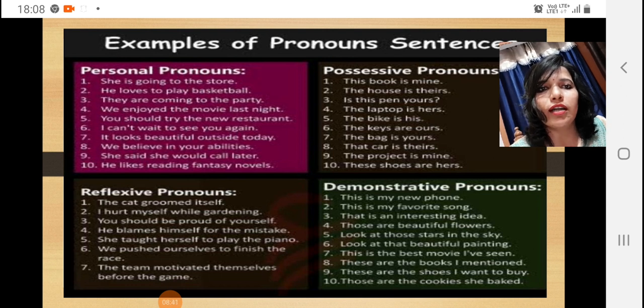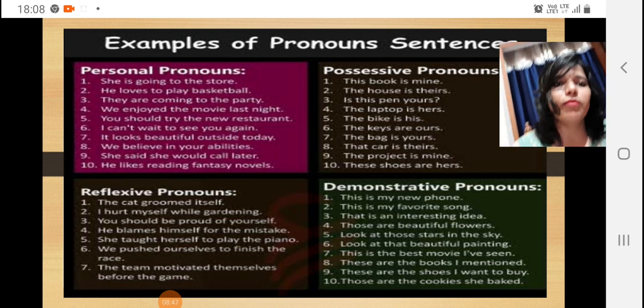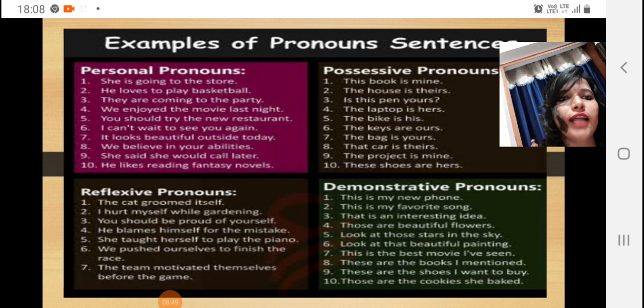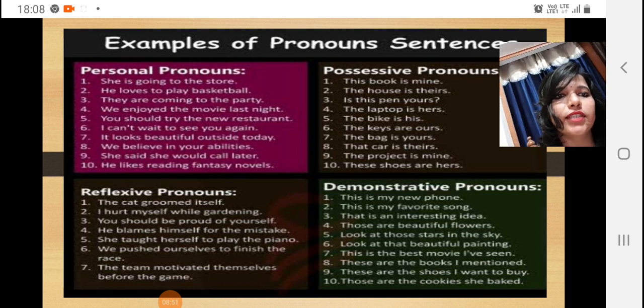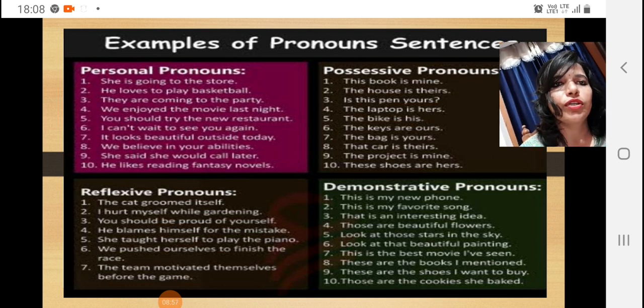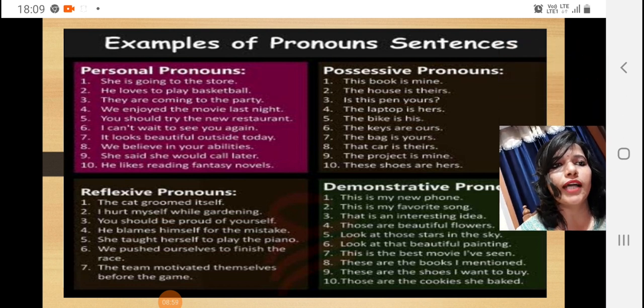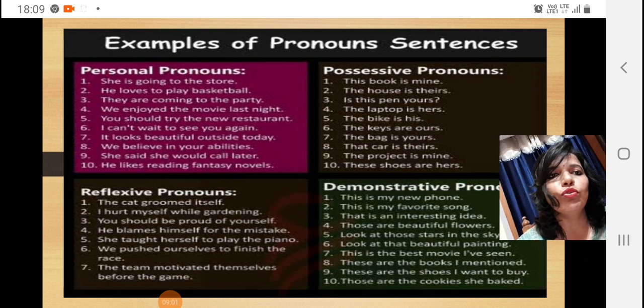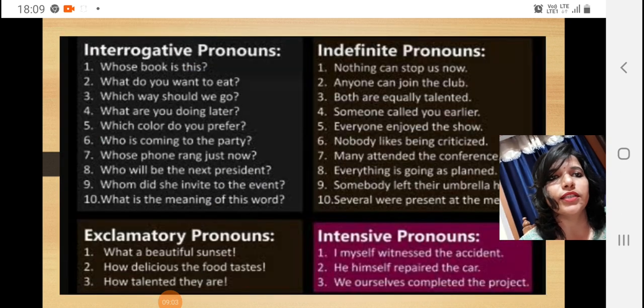So these are reflexive pronouns. They are reflecting back, referring back to the subject. Okay, demonstrative pronouns are this, that, these, those. You can pause the video and check out who they are and how they are used.